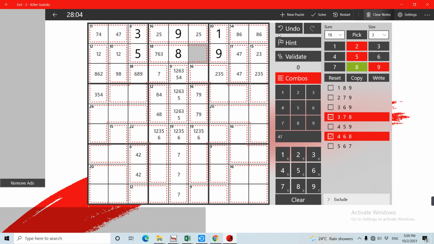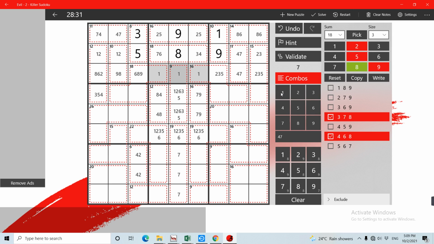So, let me just clear these notes out. So, the first possible is 3, 7, 8. That's one possibility. Next possibility is 4, 6, 8.